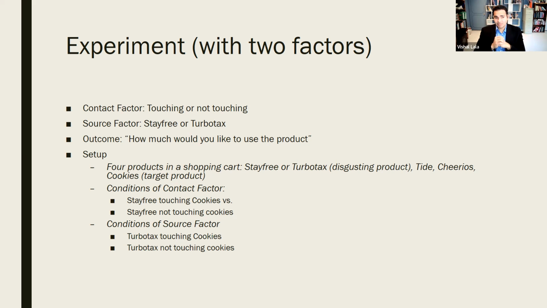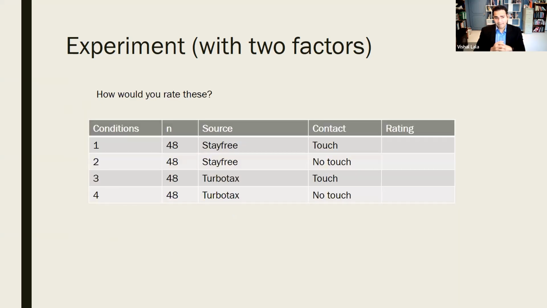In other words, the sample of students coming to participate in the study now have to be assigned to not 2 groups, but 4 groups. So with 2 factors, each factor with 2 levels, we end up with 4 different groups. Here's what it looks like then. We have now 4 conditions with a sample size of 48 in each, with combinations of Stay Free, touch, no touch, looking as follows.